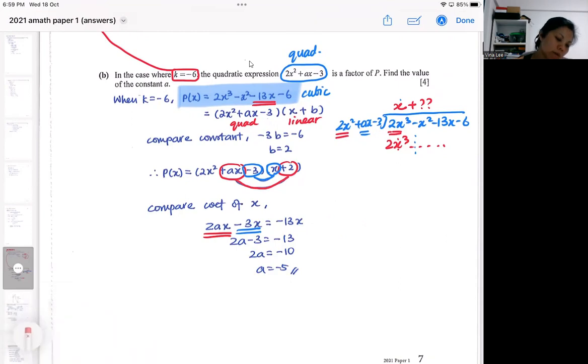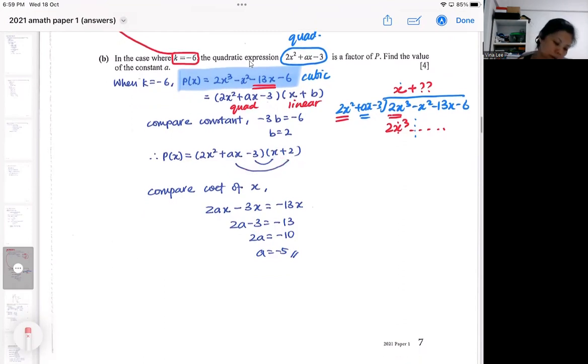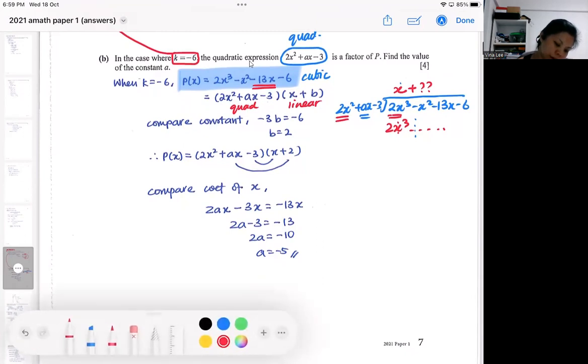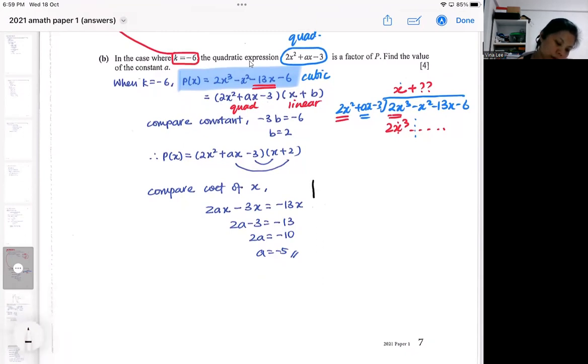But in some cases, you might be asked to further factorize the whole polynomial. That's possible. So I'm going to show you what happens if I decide to compare the coefficient of x squared. I will still get the same answer.